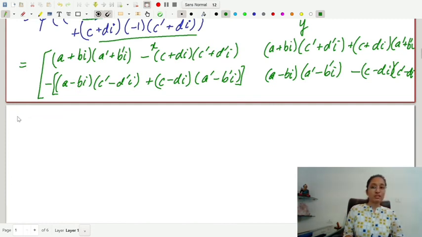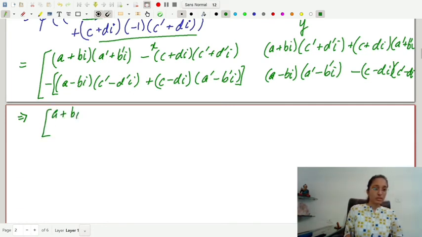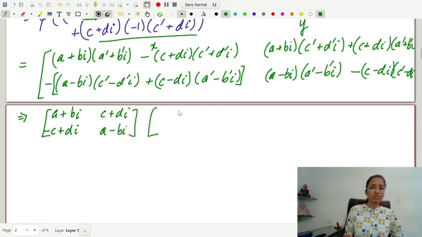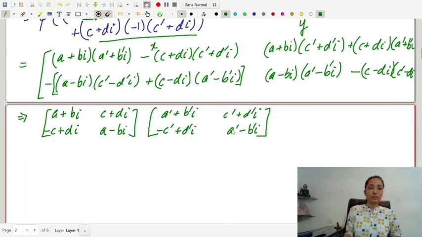Which in turn implies a plus bi, c plus di, minus c plus di, a minus bi, into, it can be easily shown, matrix multiplication by a dash plus b dash i, c dash plus d dash i, minus c dash plus d dash i, a dash minus b dash i.